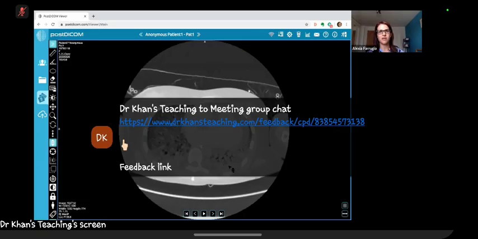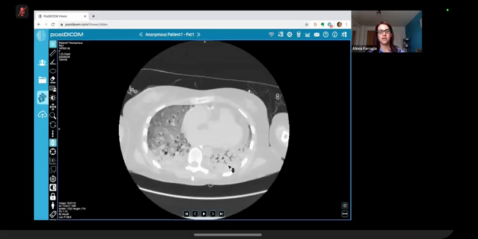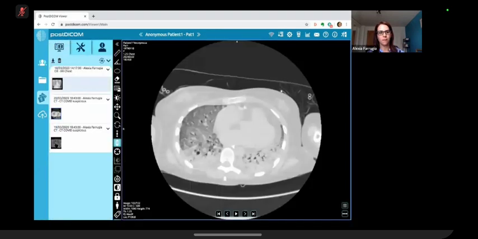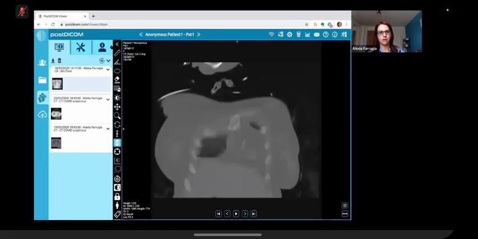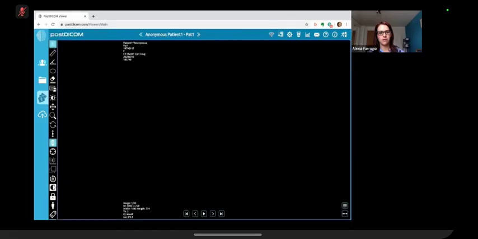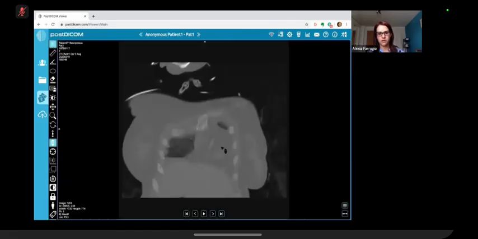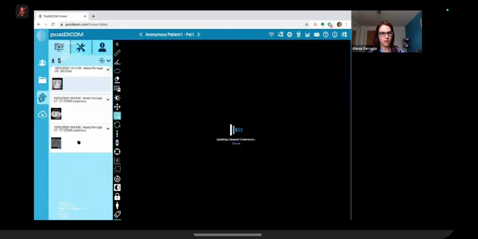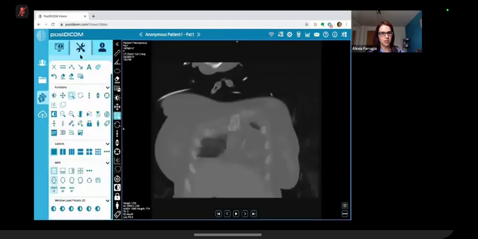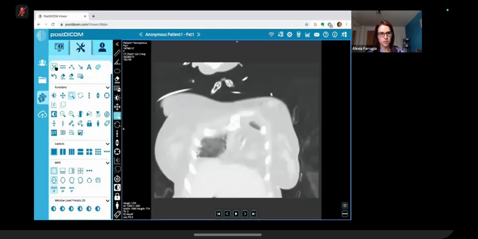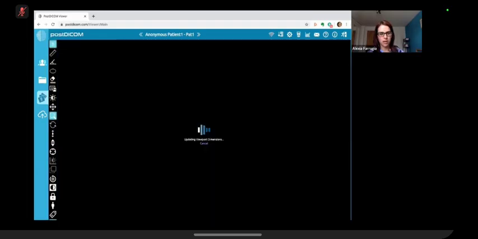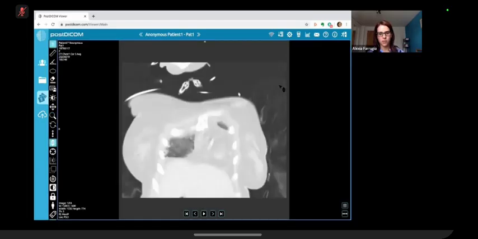So this lady had PCP pneumonia causing ARDS. This has a very high mortality. In fact, she passed away 10 days after the scan. I'll bring up the coronals for you. For some odd reason the window seems to be going back to the bone window.